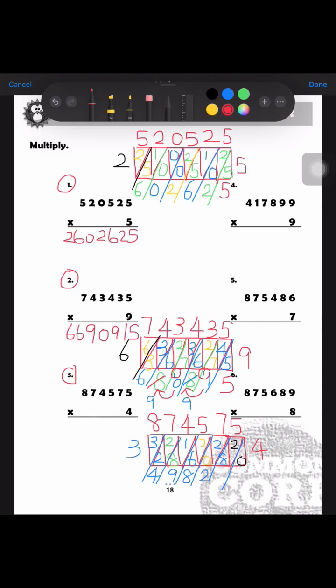So we need to regroup. And then the last one is 0. And because there is a regrouped 100, 200 plus 100 equals 300. So the answer is 3,498,300. Okay, so for the rest of the questions, please try to finish by yourself.